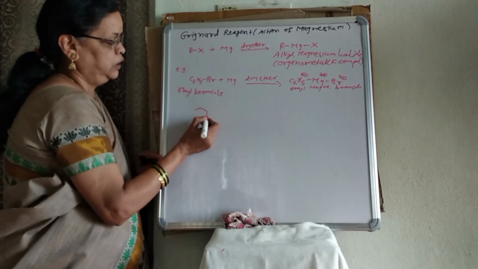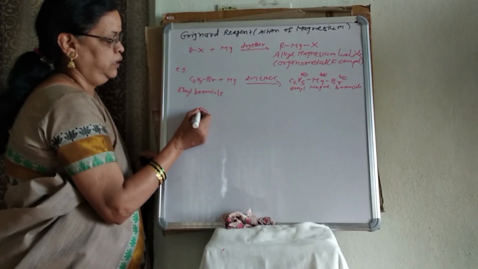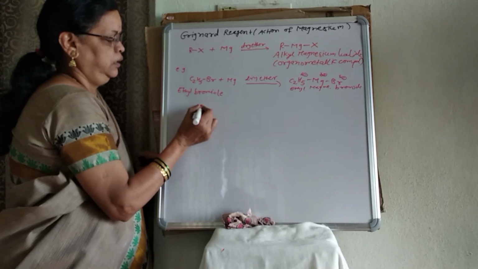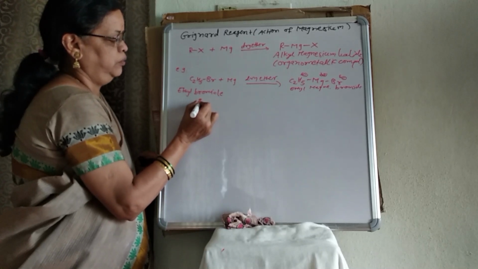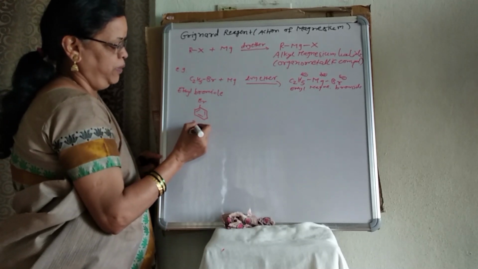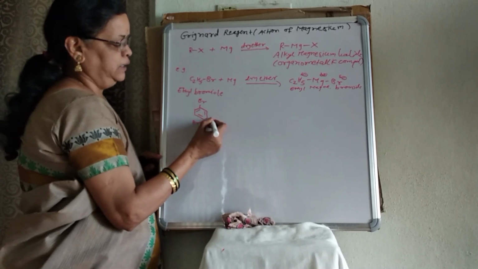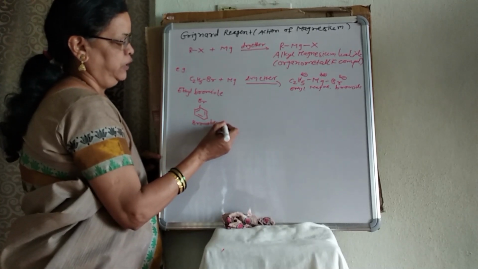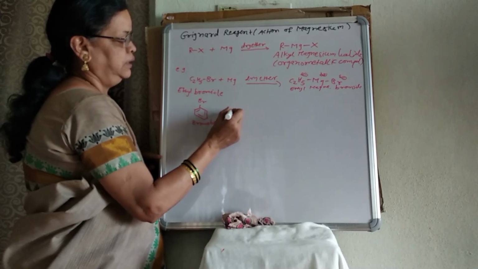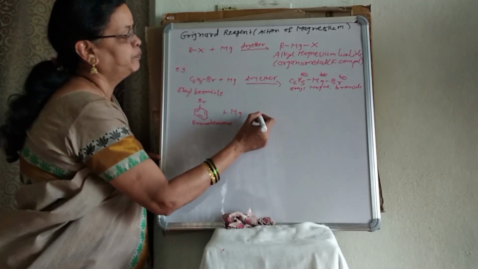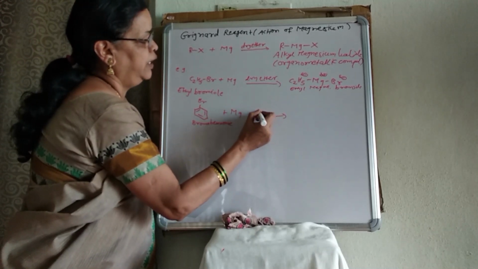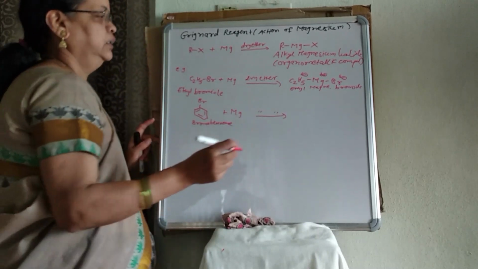Aromatic compounds are also able to form this reagent. For example, bromobenzene or chlorobenzene, you can take any particular example, reacts with magnesium in the presence of dry ether solvent.